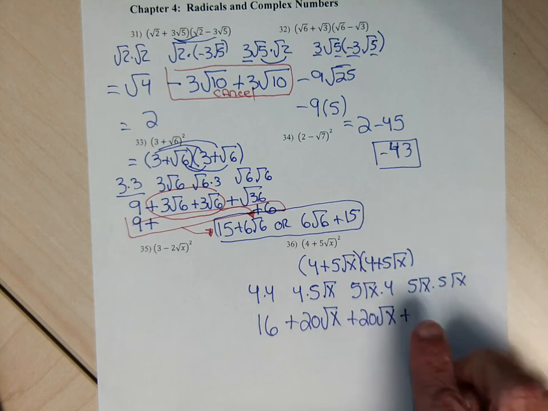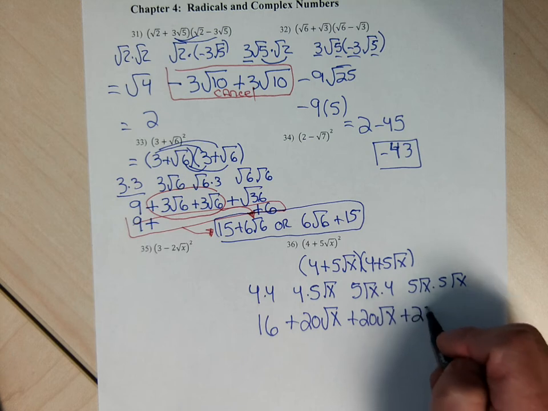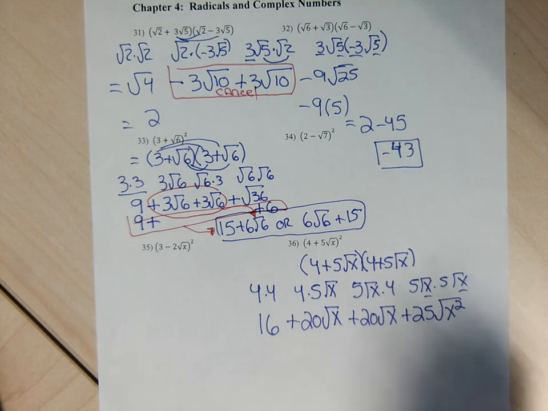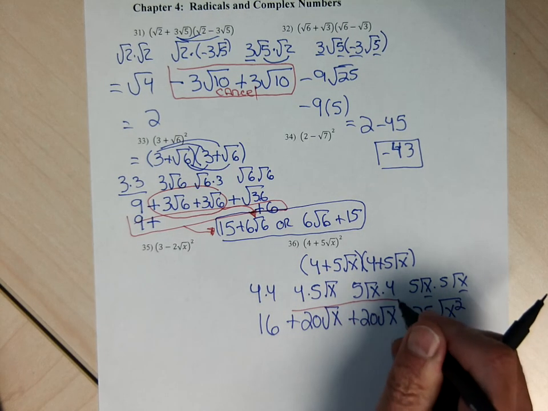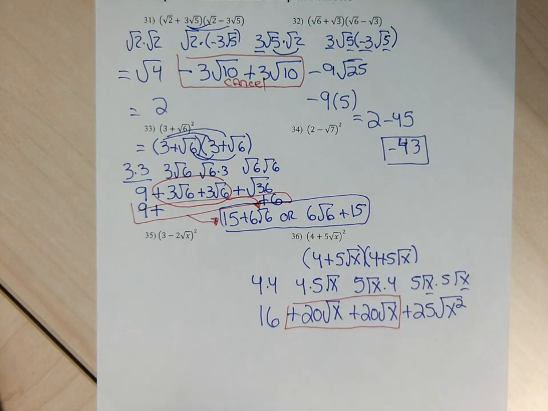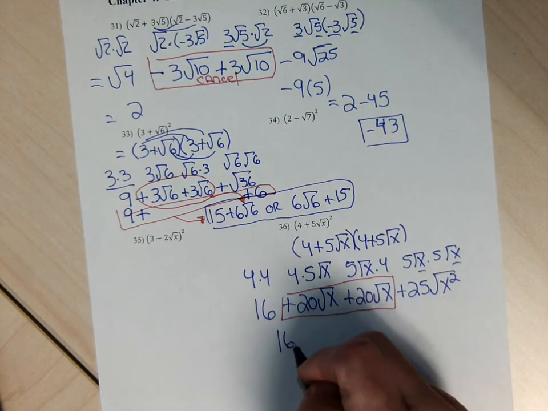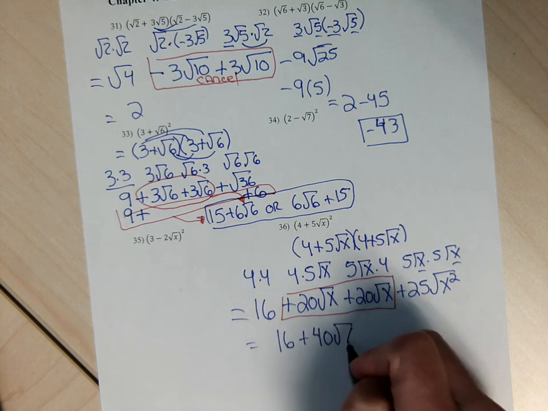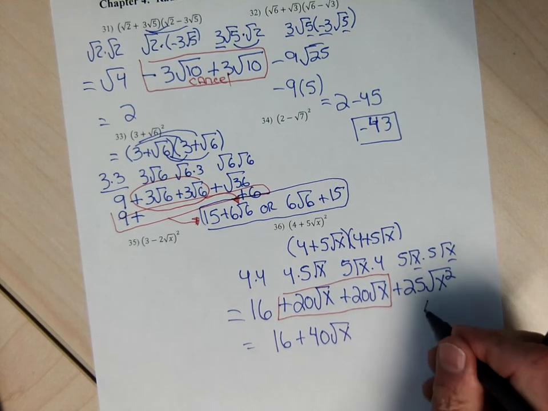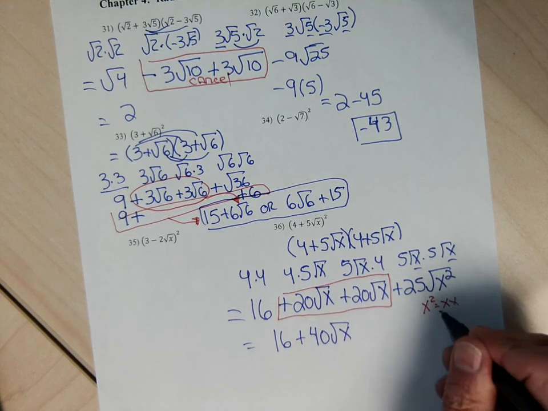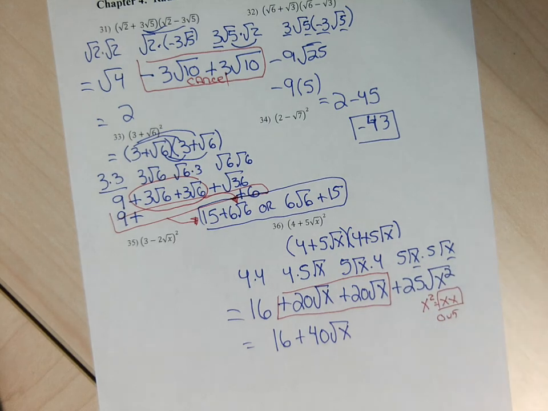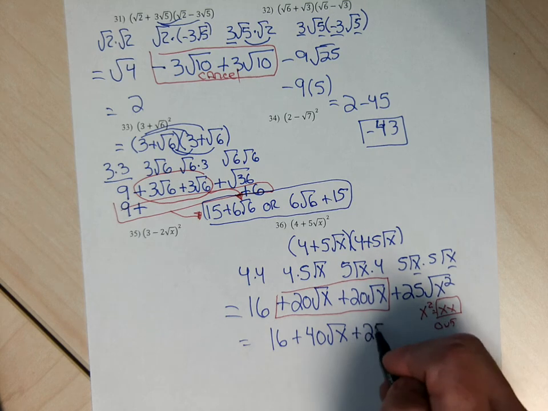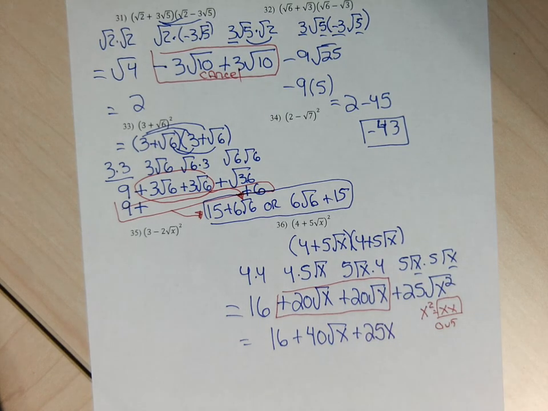Fourth and last multiplication, I multiply the 5's in front of the radical and the x's under the radical and get 25 square root of x squared. These middle terms are like terms, they can be added, and to add those, I add the 20's and get 40 square root of x, and the last term, the square root of x squared, you get an x out in front of the radical, but there's no radical left over, so the last multiplication just gives me 25x.